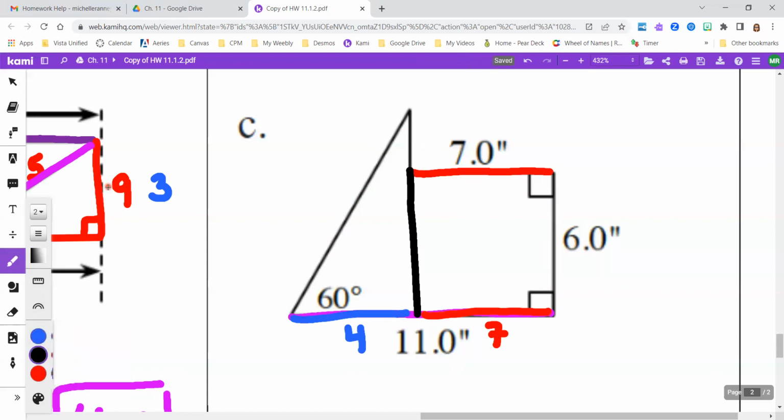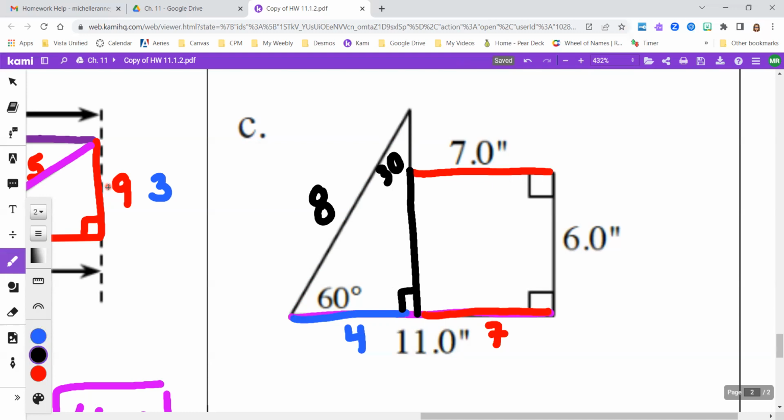Now, I have a right triangle with a 60-degree and a 30-degree, so 30-60-90. If that is 4 across from my 30 degrees, then I know my hypotenuse is going to be twice that, which is an 8.